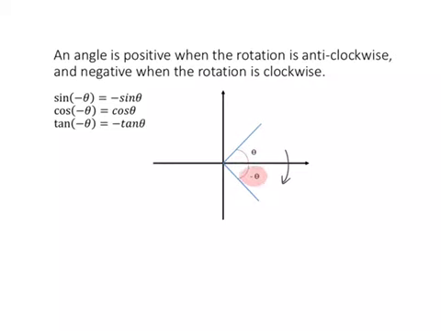So a negative angle, regardless of if it's 0 to 90, 90 to 180, you can treat it as if it is in quadrant 4. So only cos will be positive, sine will be negative, tan will also be negative. So if I get your focus up here, sine of a negative angle becomes negative sine of that angle.